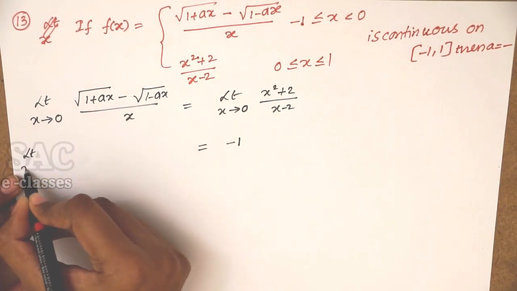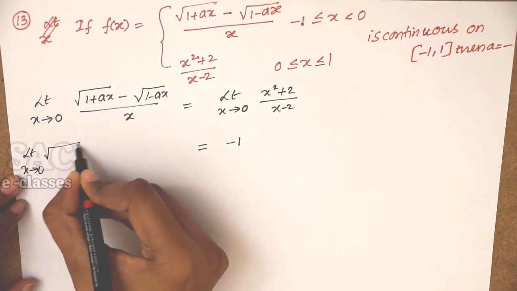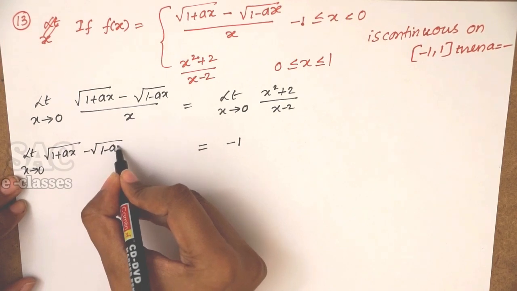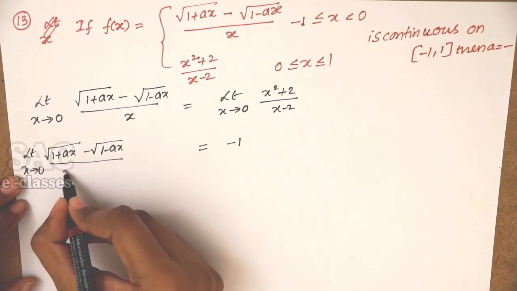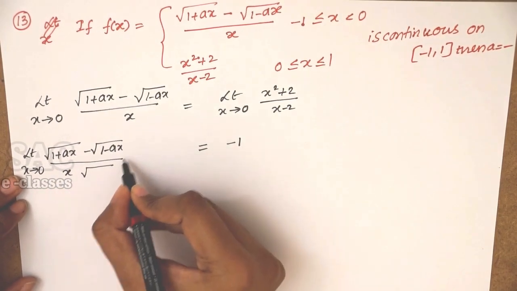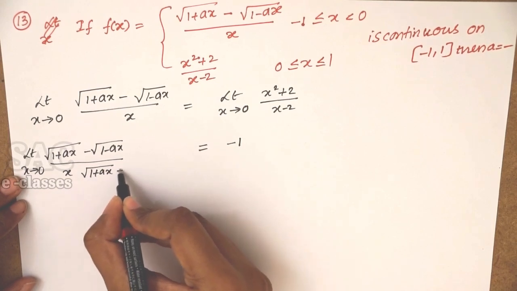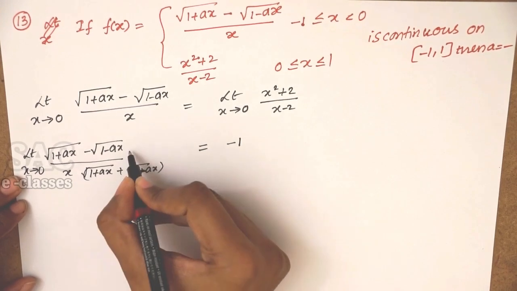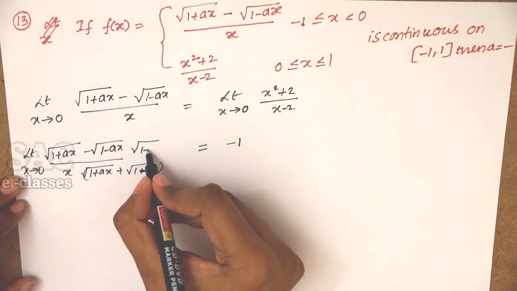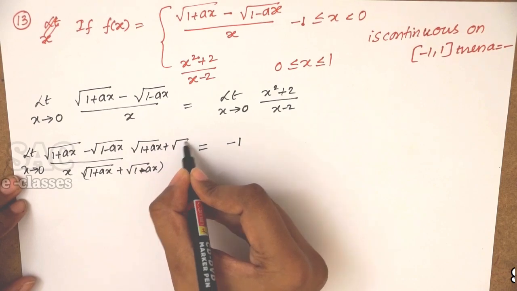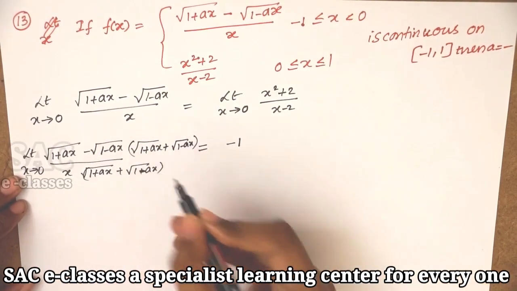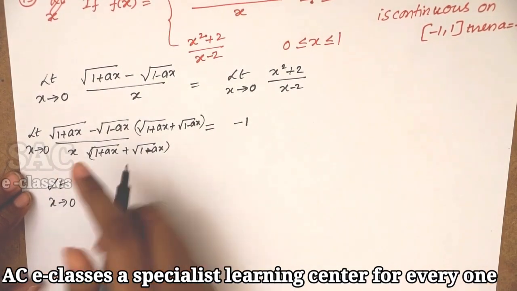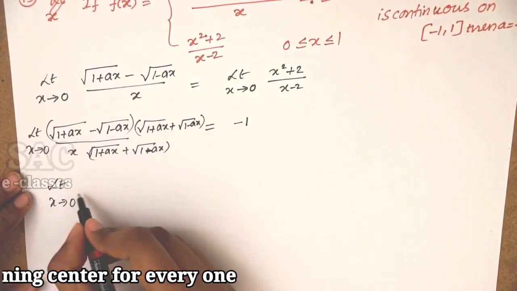Now limit x tends to 0, go for the rationalization as we discussed in the previous problem. Rationalize with root over 1 plus ax plus root over 1 minus ax, multiplying both numerator and denominator. It is clearly looking like (a plus b)(a minus b).